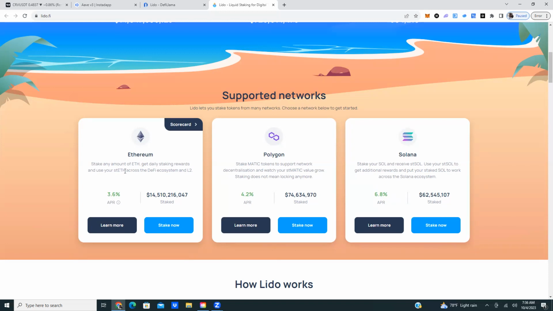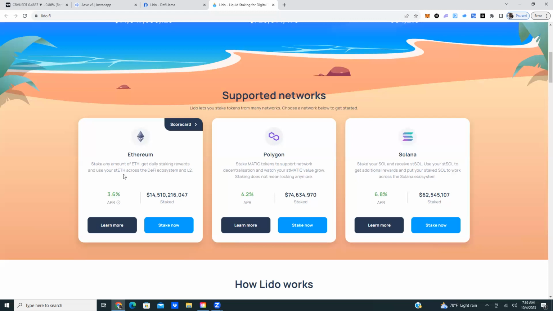So stETH is the exact same equivalent as regular Ethereum. If they're giving you stETH, it's the exact same value as regular Ethereum.